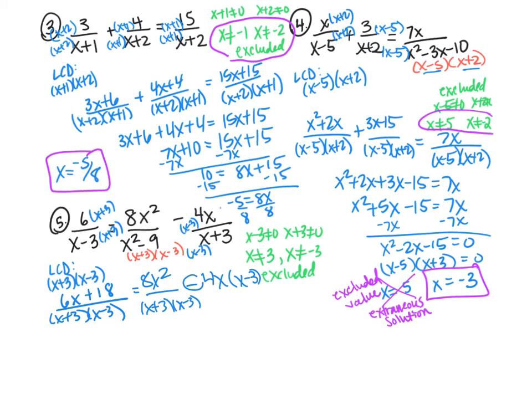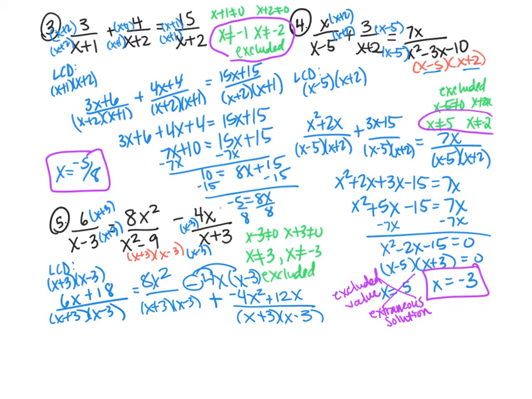Now remember, this is a negative, so when I distribute that, I'm actually going to end up with a plus, a negative 4x squared plus 12x over that x plus 3, x minus 3.